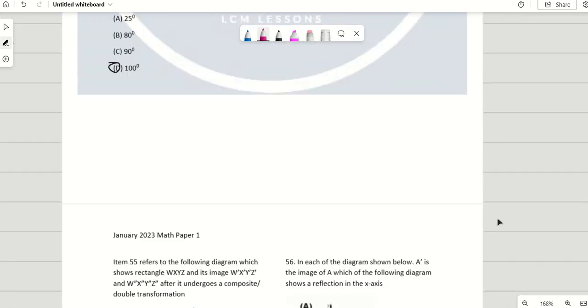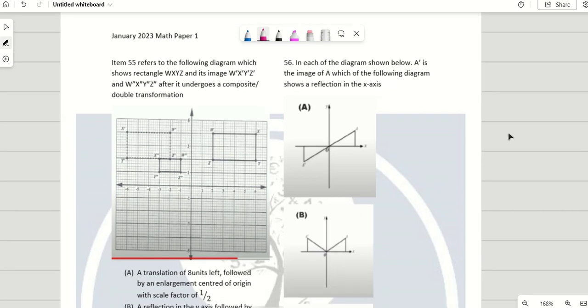Right, so let's go down. 55. Item 55 refers to the following diagram, which shows triangle XYZ and its image first prime XYZ and second prime XYZ after it undergoes a composite or double transformation. Right?